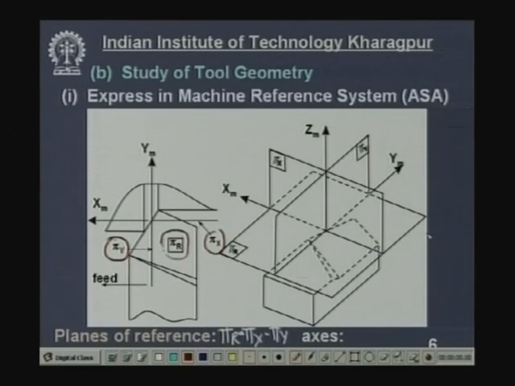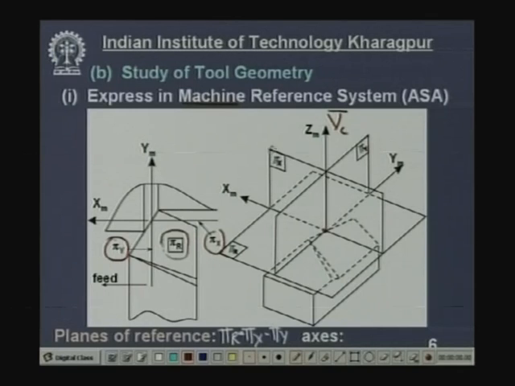In this diagram, this shows the cutting tool, and at this point you take the velocity vector. This is the axis ZM. M stands for machine reference system. Then this axis, taken in the direction of the machine longitudinal plane, is XM.